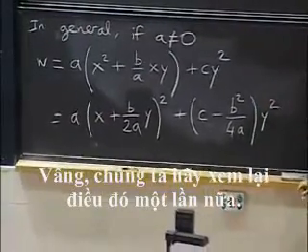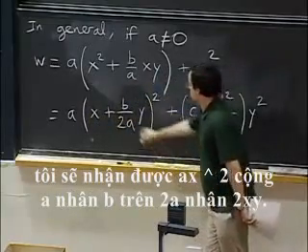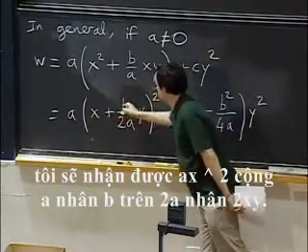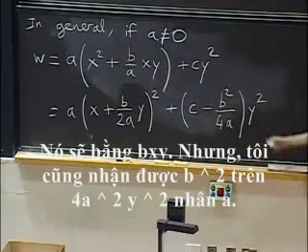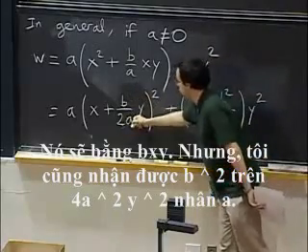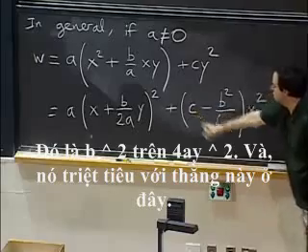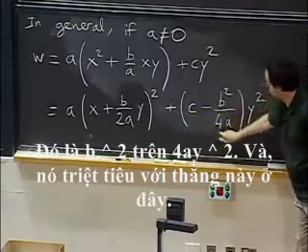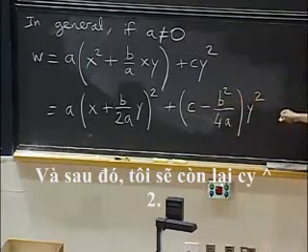Okay, let's see that again. If I expand this thing, I will get ax squared plus a times b over 2a times 2xy. That's going to be my bxy. But I also get b squared over 4a squared y squared times a. That's b squared over 4a y squared. And that cancels out with this guy here. And then I will be left with cy squared.